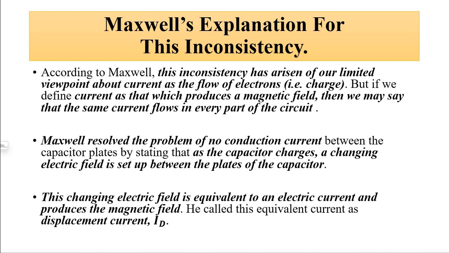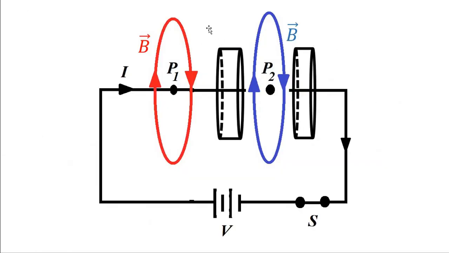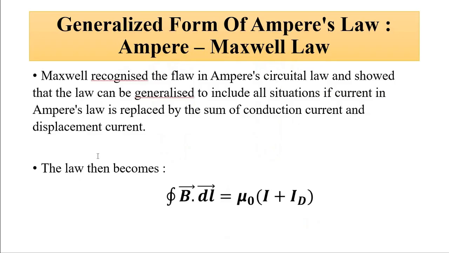He said that in between the two plates of the capacitor, where there is an electric field set up because of the positive and negative charges attracted on the opposite plates, the rate of change of electric field, or the rate of change of electric flux, produces another current, which is called displacement current.